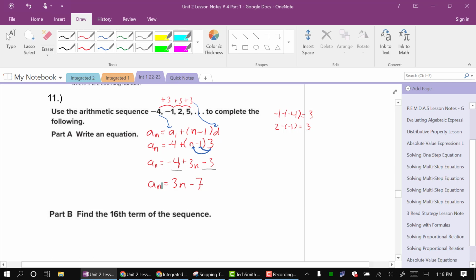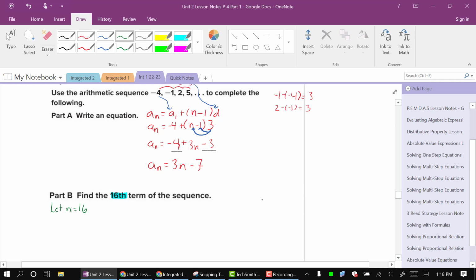Now I can determine any term within the sequence. Well, it tells me find the 16th term in the sequence. Okay, so that means let n equal 16. So I'm going to put 16 into this formula right here.